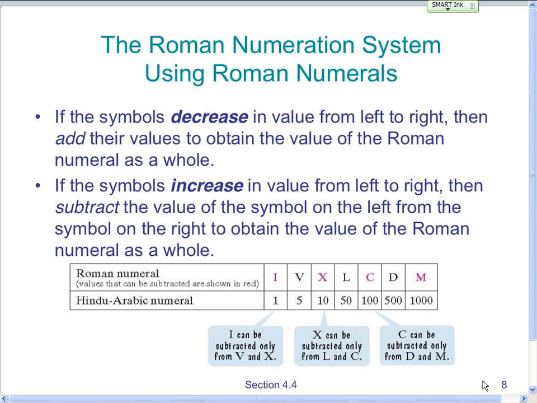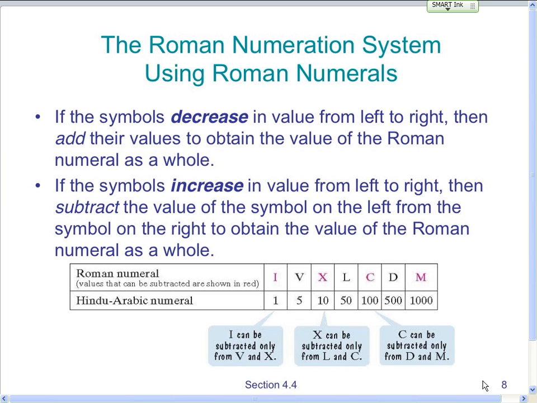So you wouldn't have, I can't even think of an example, but let's suppose I have an I here and a C and a D and a whatever. This only gets subtracted from the next door neighbor, and that's actually not a good example because I cannot subtract from C. So let's take a look at that as well, because that's important.